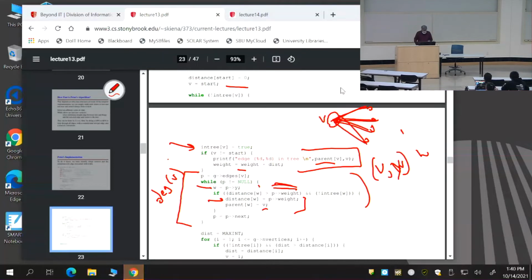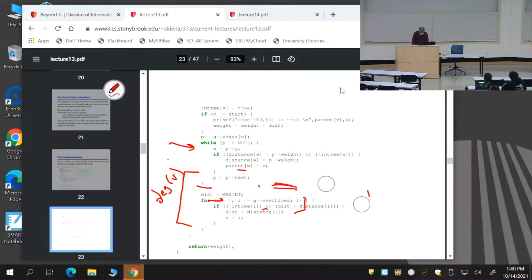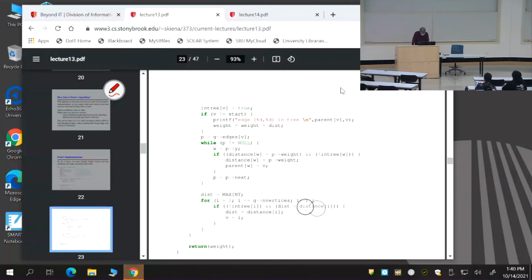What's the next part of the algorithm? And here's where I regret the way the slide rolls. What is this part of it? Now that I've updated the cost, the vertex we're going to add to the tree next is the cheapest vertex, the vertex that is closest, the lowest way of adding it. What does that mean?